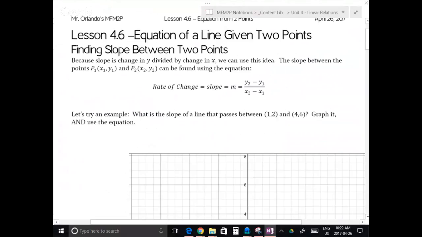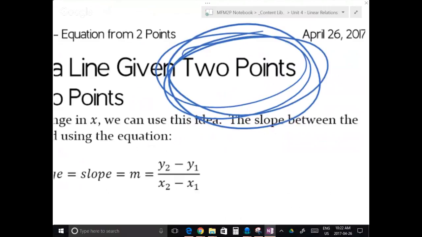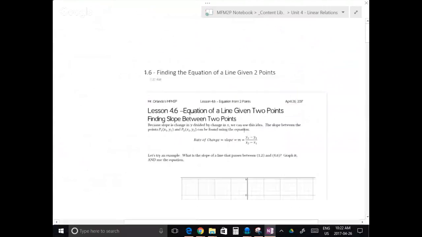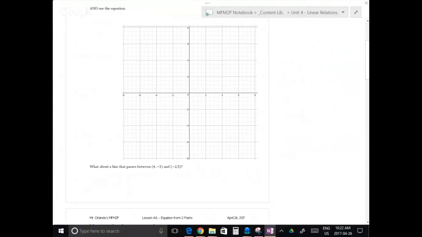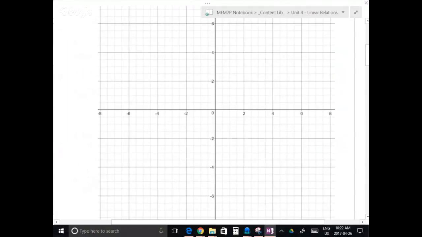Yesterday, I gave you the slope and a point. I could also just give you 2 points. 2 points make a line. If I put a point randomly here and a point randomly there, can I make a line?